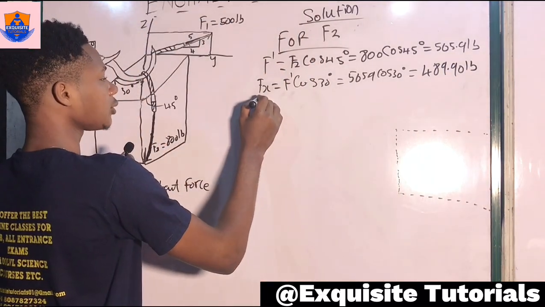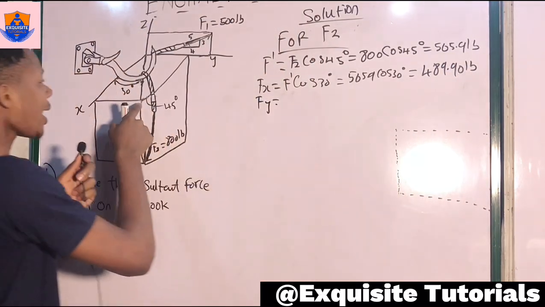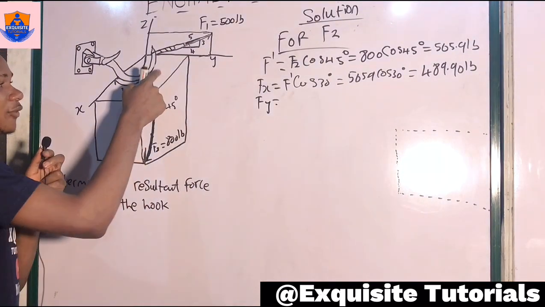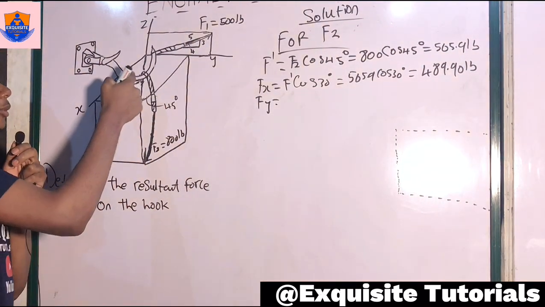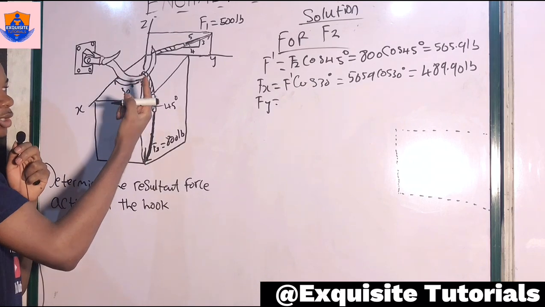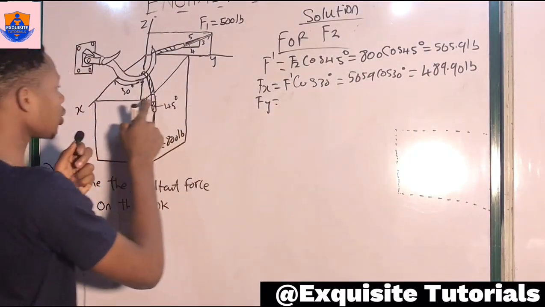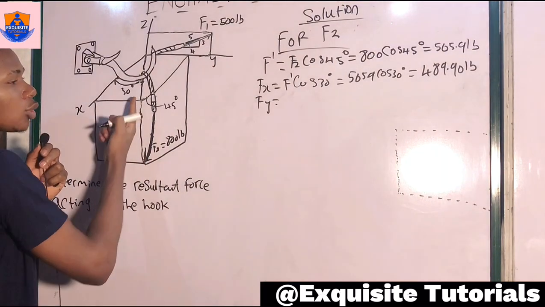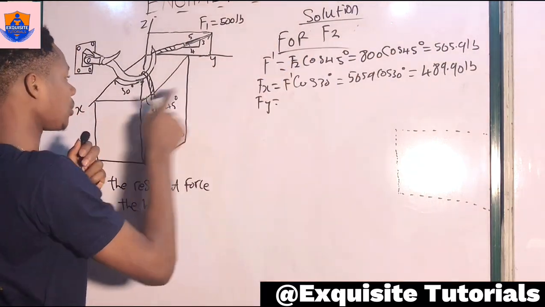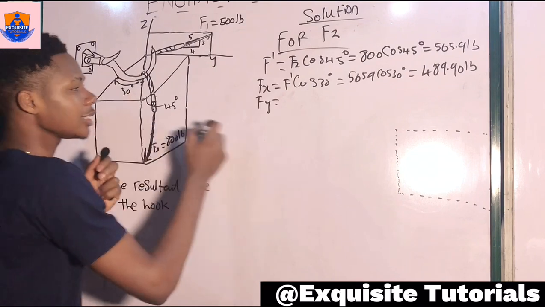And then for the y-axis, we are going to be opening this angle, or determine the value of the angle here, which is 60 degrees, because of course x and y components are always perpendicular, so 90 minus 30 gives us 60. Now for the y component, we are going to have the force which is on this plane, which we obtained as F prime, and we're opening it, we are using the angle 30, so it's sine.